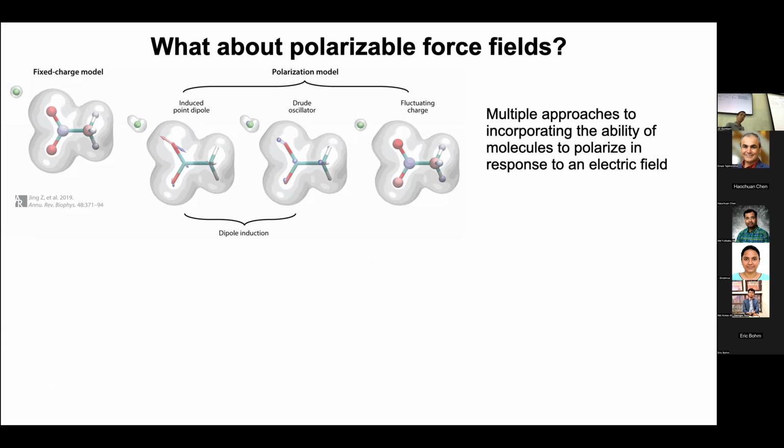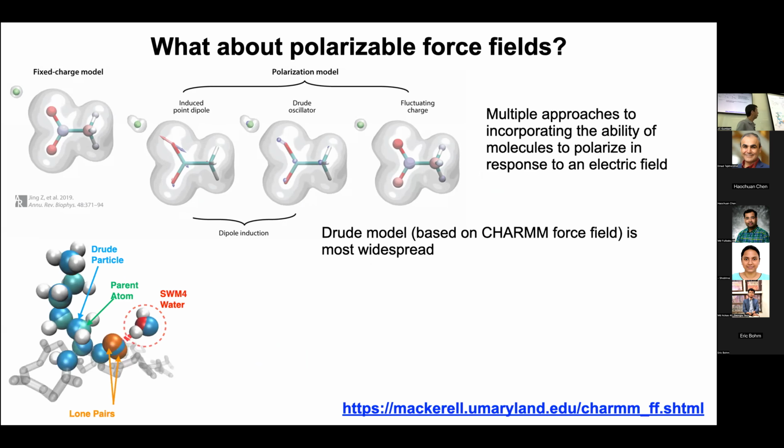Since we're talking about the CHARMM paradigm, I'll point out that in CHARMM, the developers, particularly Alex MacKerell, prefer the Drude model, in which you have additional particles on your atoms with a little bit of mass and a little bit of charge that respond to the electrostatic environment around them.